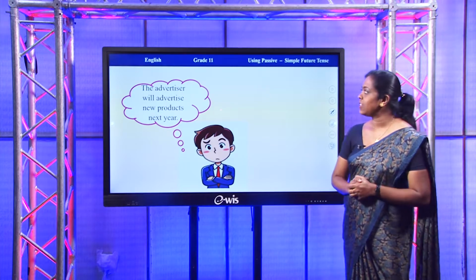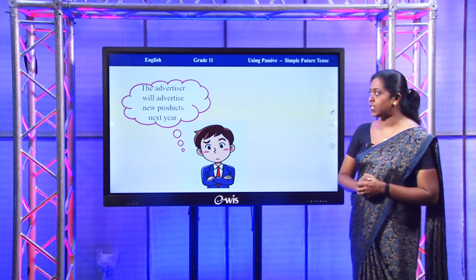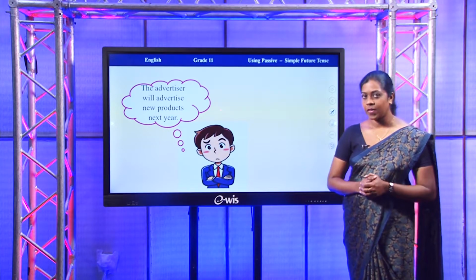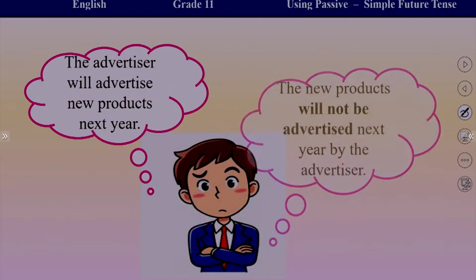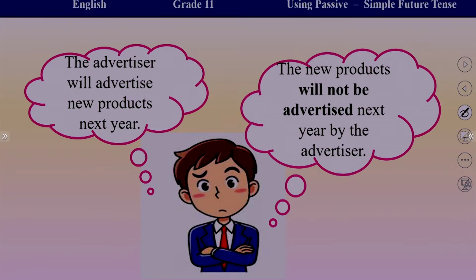No. Once again, the advertiser will not publish new products next year. Therefore, our passive sentence is the new products will not be published next year by the advertiser. Observe the subject, verb and the object, and also keep in mind how you should change or convert the verb will be, and in the negative form will not be.